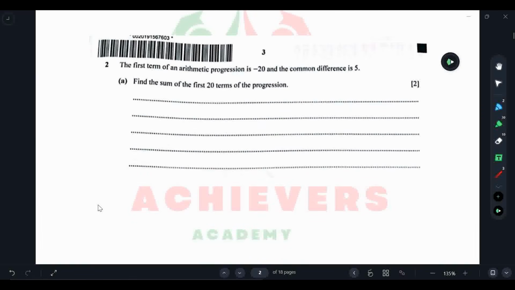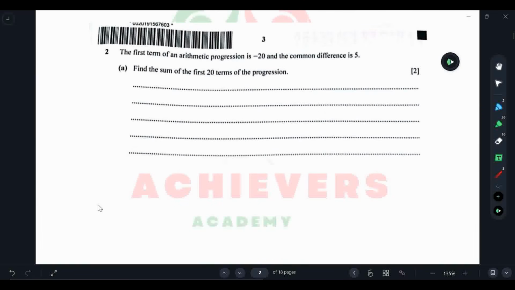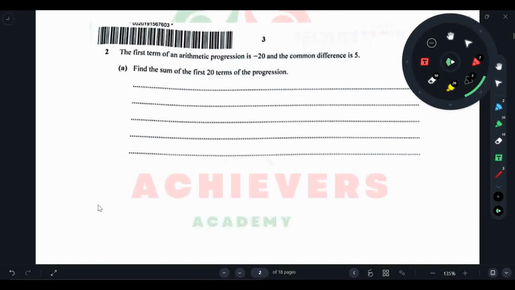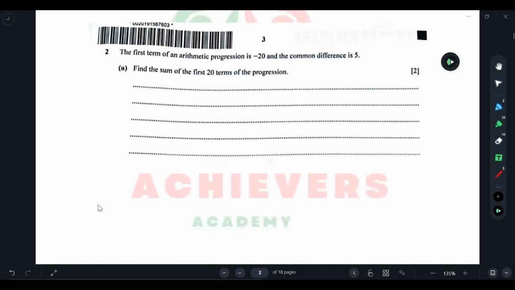Question number 2. The first term of an arithmetic progression is this. The common difference is 5. The sum of the first 20 terms we have to find out. We know that for arithmetic progression, the formula should be this one: 2a1 plus n minus 1 into d.